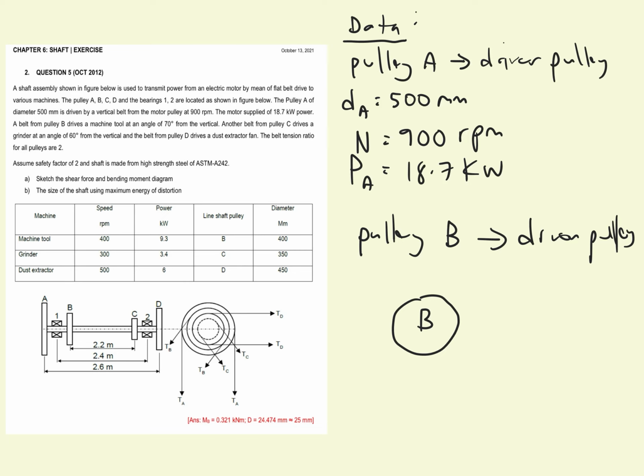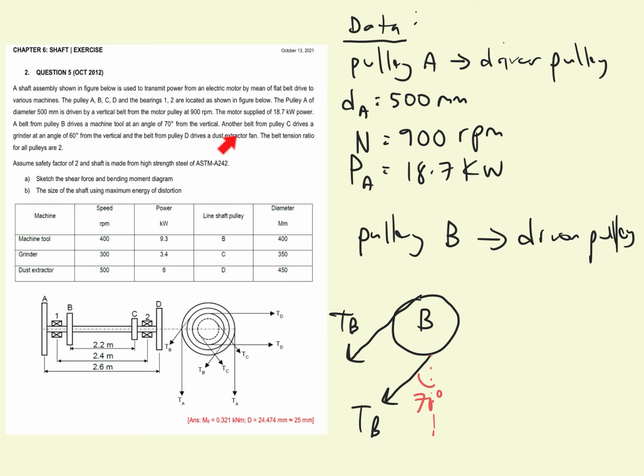Okay, so we draw like this. Okay, TB, and then another one is here, TB. So the angle of this belt, okay, it says that the angle is 70 degree from the vertical. So this is 70 degree from the vertical.